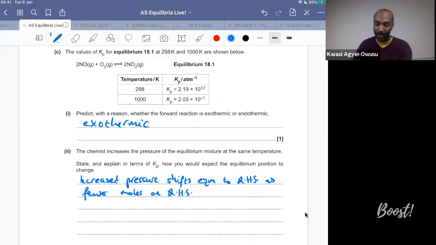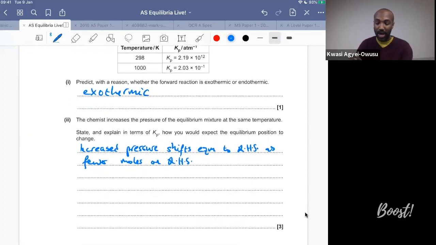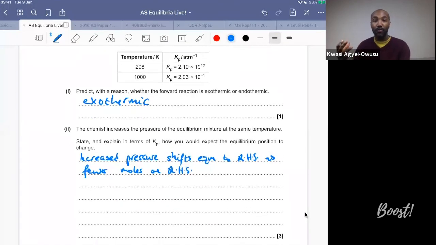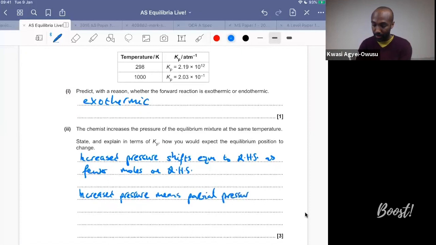Why does that happen in terms of Kp? If you increase the pressure, the contribution of the partial pressures of the reactants goes up a lot more. So increased pressure means partial pressure increases a lot more.